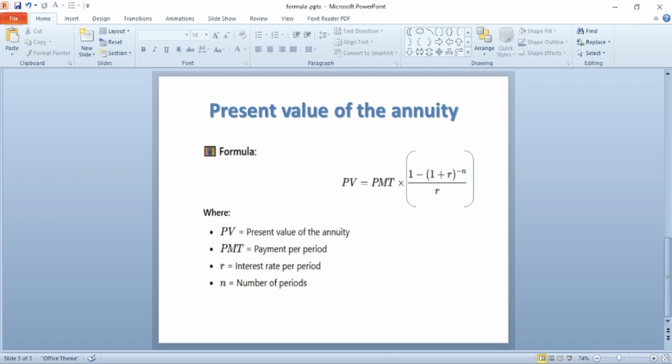Present value of annuity is equal to regular payment per period times 1 minus, in the bracket, 1 plus R to the power of minus n, divided by R. We will get the present value of annuity.